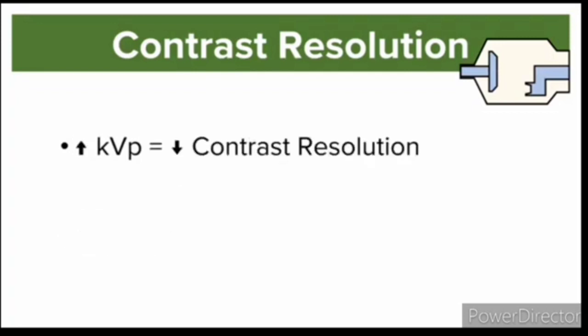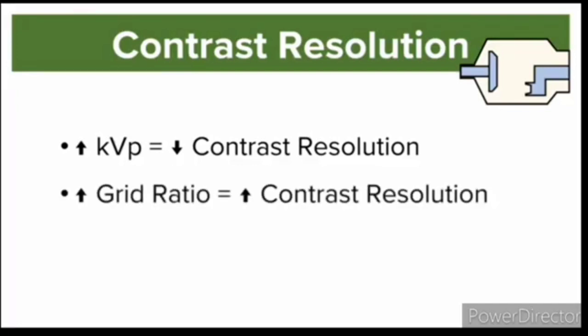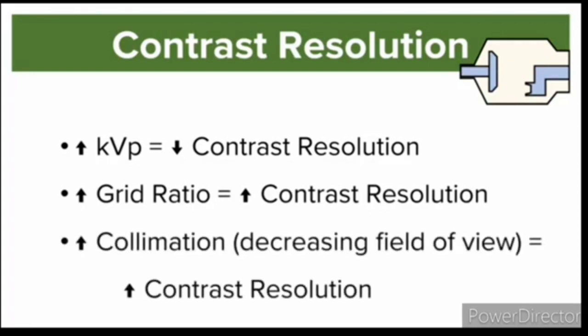Increasing KVP decreases contrast resolution because of the increase in scatter production. Increasing a grid ratio increases contrast resolution because of the decrease in scatter reaching the image receptor. Finally, increasing collimation, or decreasing the field of view, increases contrast resolution because of the decrease in scatter produced.